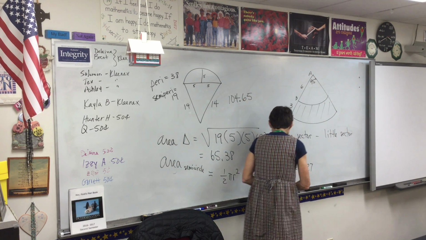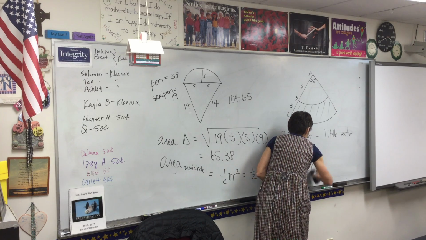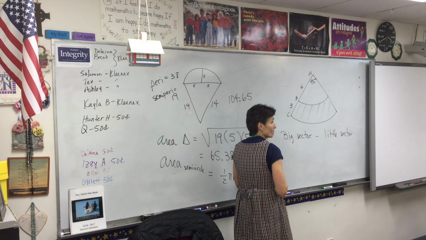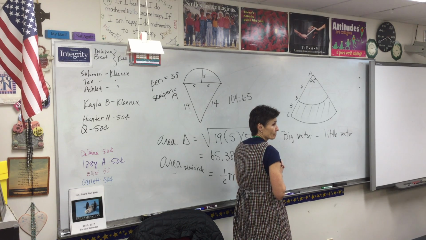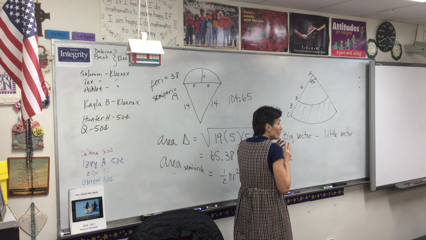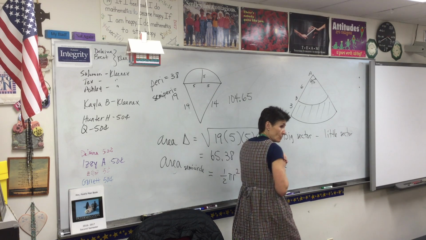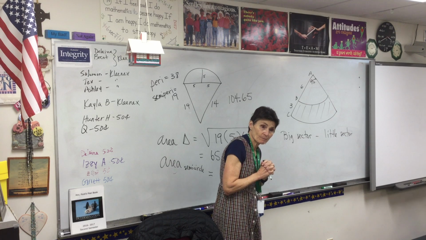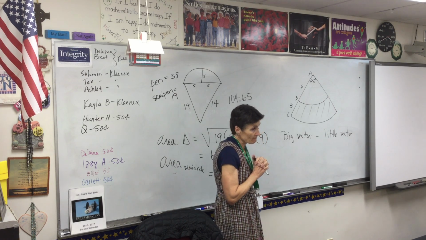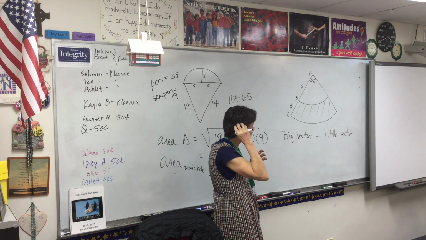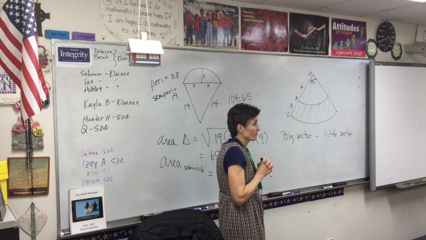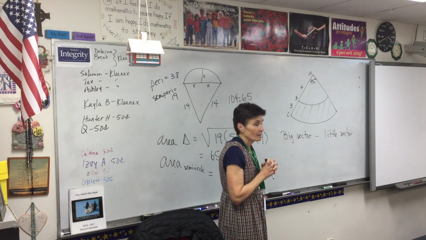Now, the big sector means the whole thing. So how do we find the area of the sector? What's our formula for the area of a sector? Look at your notes. Look at your note card. Angle over 360 times pi r squared.